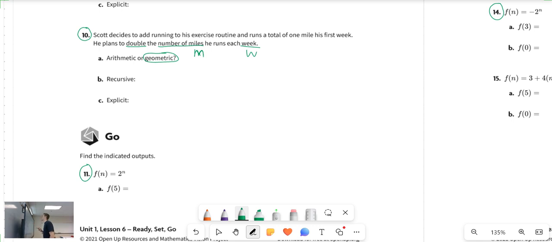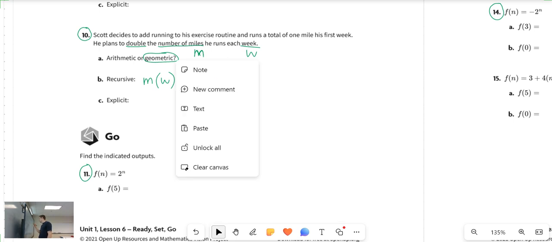So that's going to become W. All right. So we're changing up what we're using a little bit. We're going to say that the miles based on the weeks, the miles he runs in a given week is equal to the miles he ran the previous week, or the week minus one.